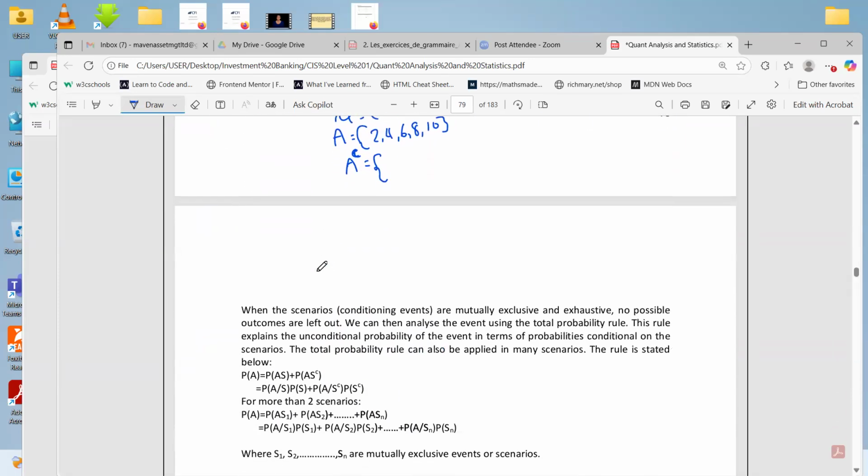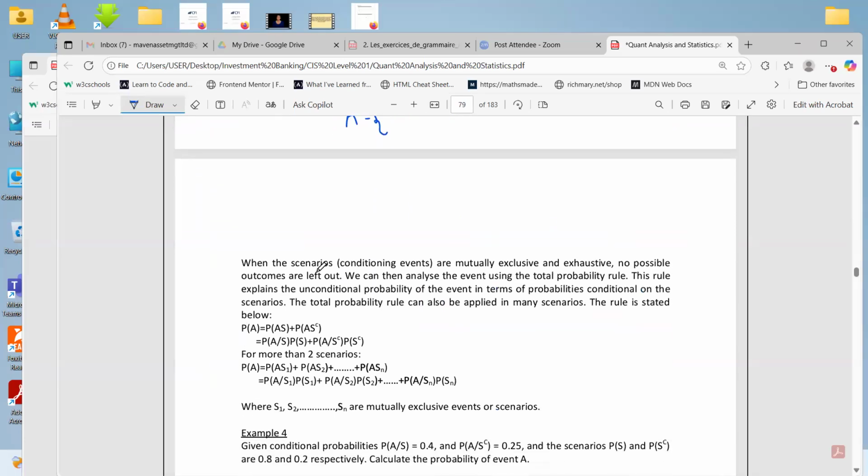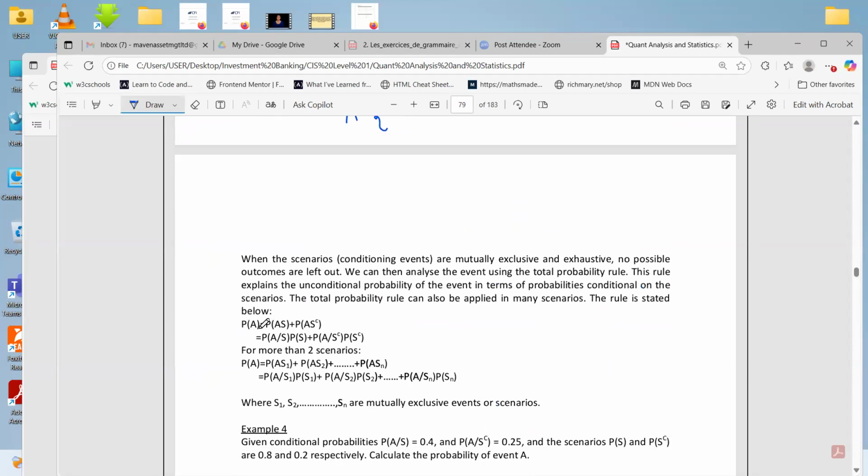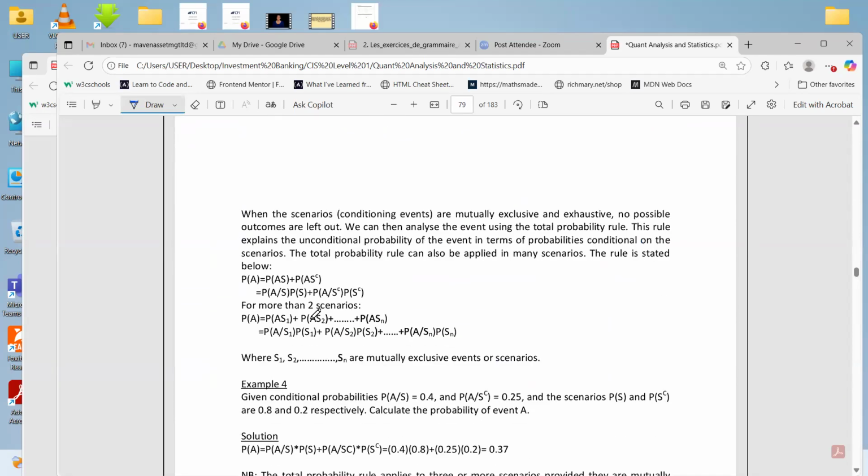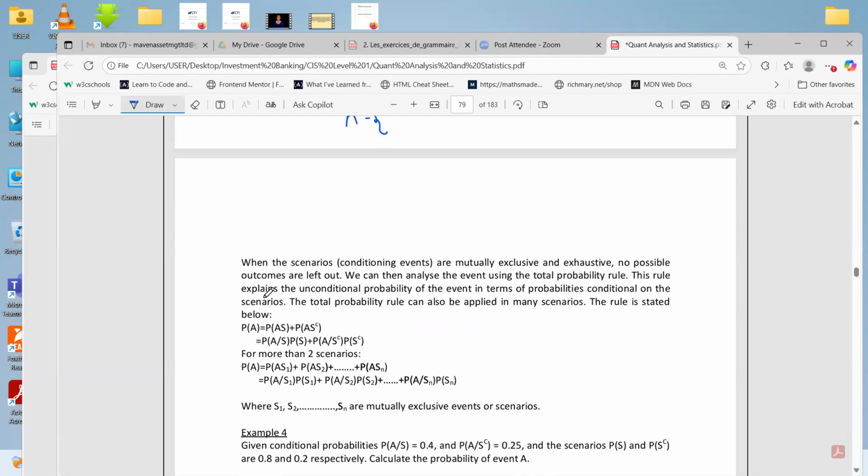I hope I still have my audience, please. Yeah, it is, sir. Okay, so the total probability rule now goes thus. Probability of A and S plus the probability of A and the complement of S. So what is the probability of A and S? It is the probability of A when S is given multiplied by the probability of S, plus the same principle applies here.